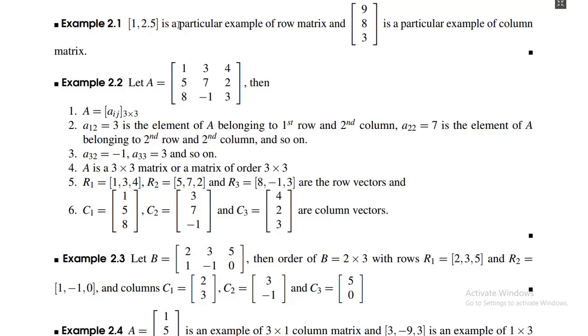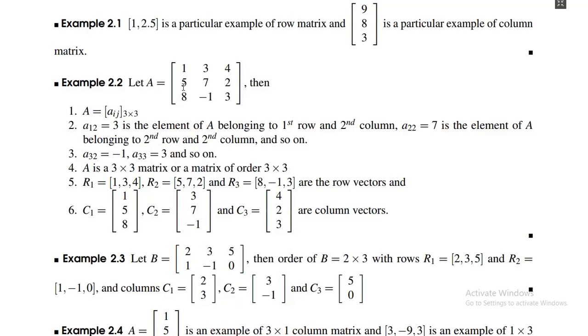Therefore, this matrix is an example of a row matrix. And the other matrix has 9, 8, 5 as elements. This matrix has 3 rows and 1 column. Therefore, this matrix has order 3 by 1, and this is a particular example of a column matrix.